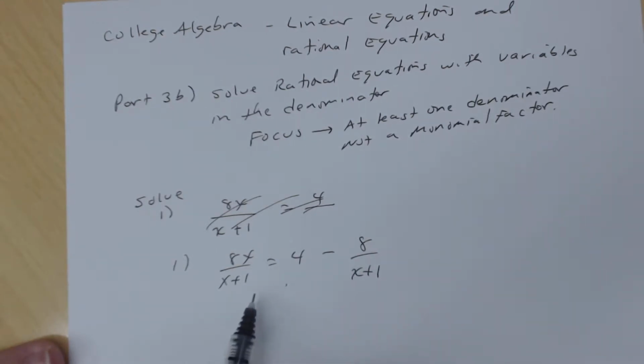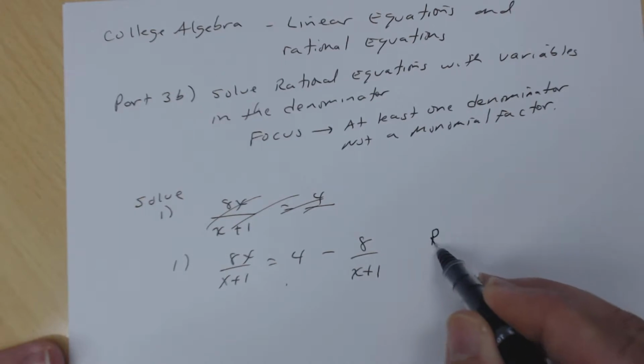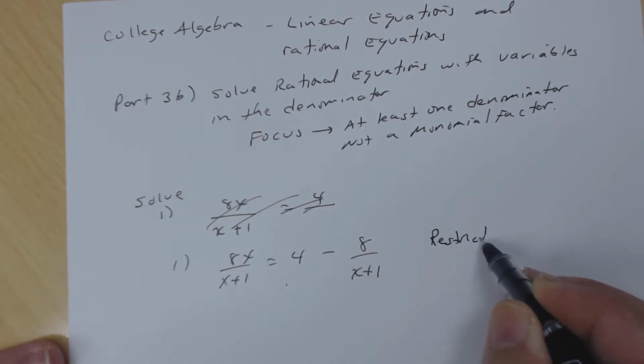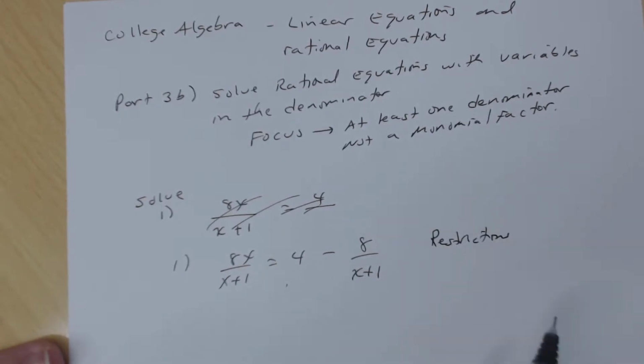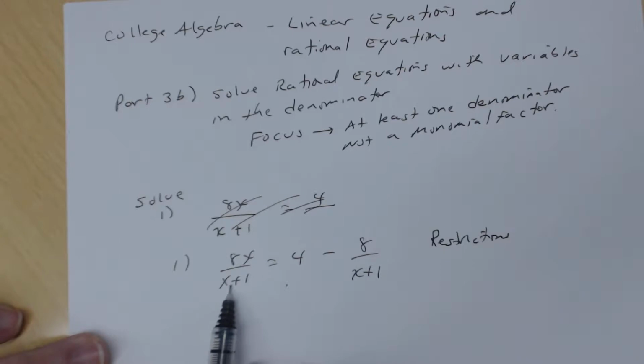Okay, so remember, first thing you want to do is look for your restrictions, and only look at the denominators where there's a variable in the denominator. So for example, over here there's a variable in the denominator. Over here there's a variable. Now let's review something from a previous course. First thing you always want to do is factor your denominators.